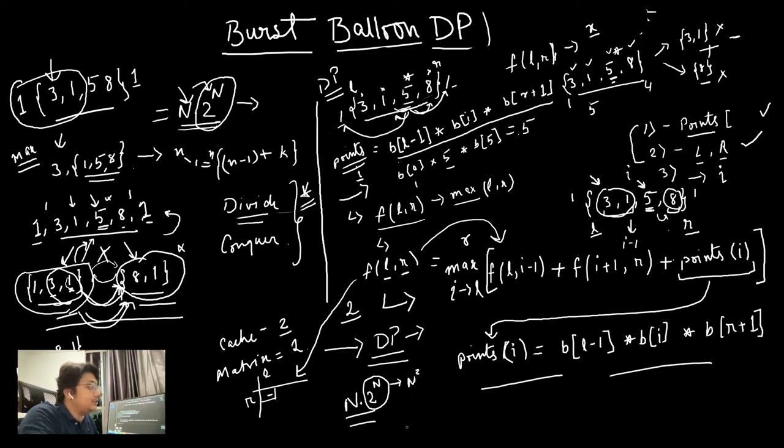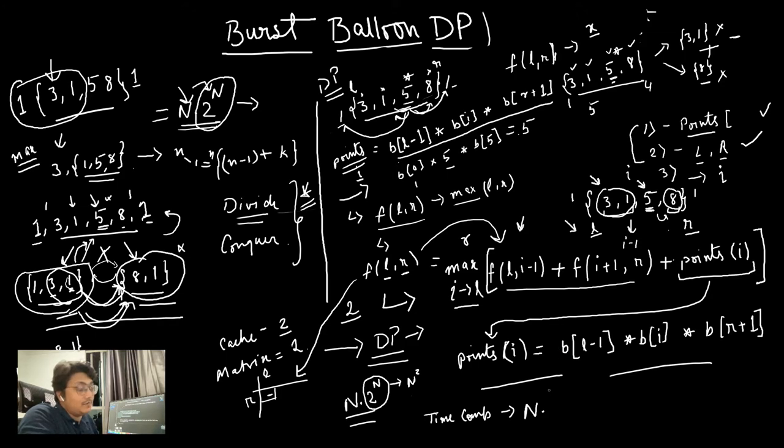Now, how is it n square? Let me tell you. So the time complexity will be, if you see here, we are iterating in the range L to R. So for the biggest range, it will be the size of the array. So we have N. And then if you look at this part of the solution, here we are trying to calculate the solution for all the subarrays in the left half and all the subarrays in the right half.